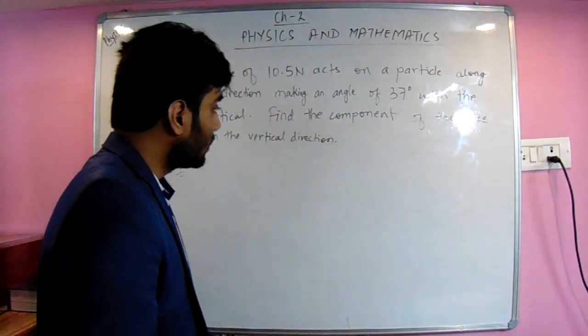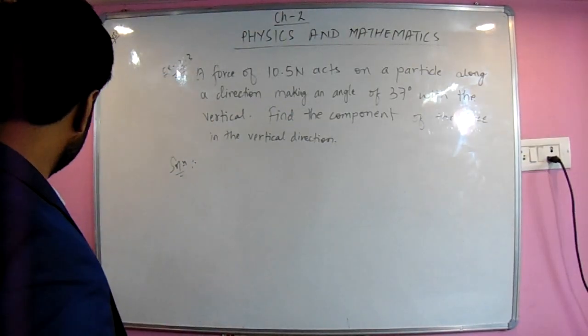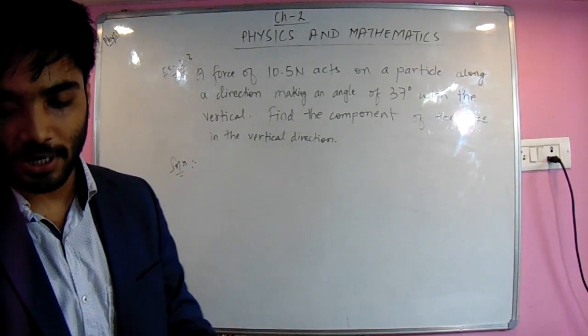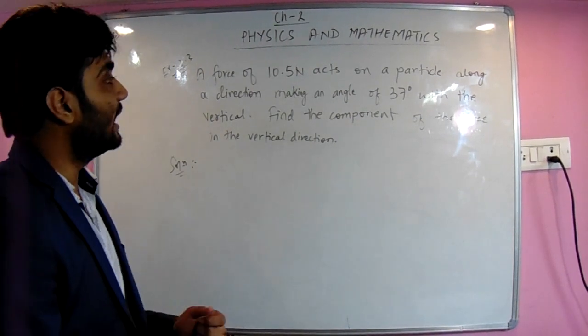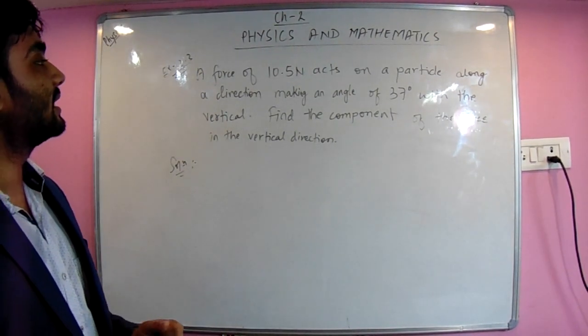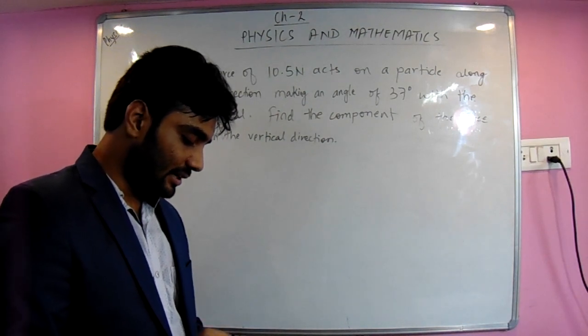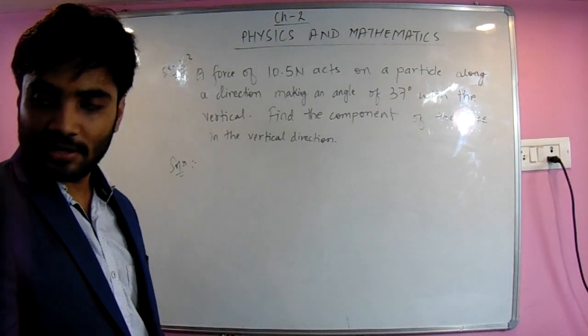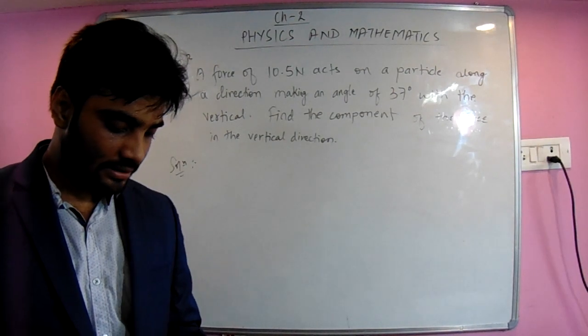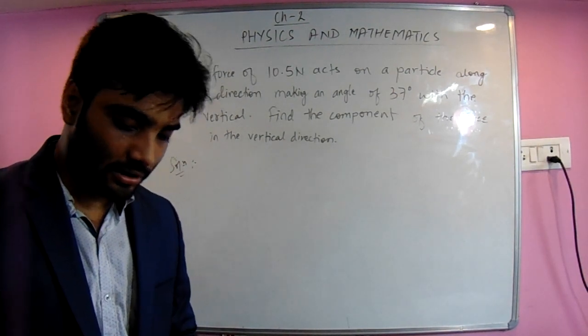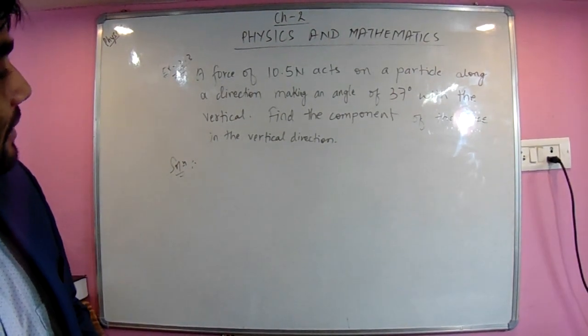Okay. Question says that a force of 10.5 Newton acts on a particle along a direction making an angle 37 degree with the vertical. Then find the component of the force in the vertical direction.